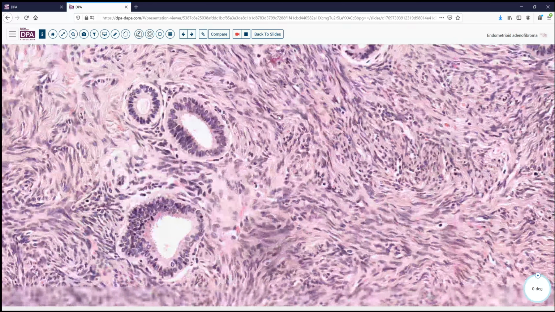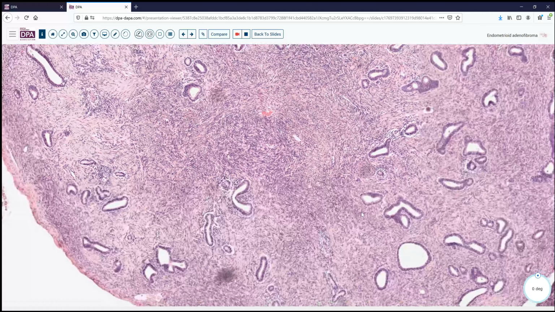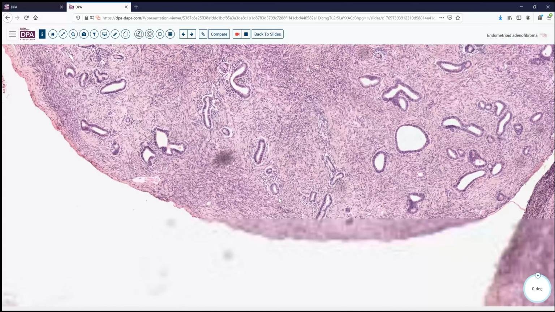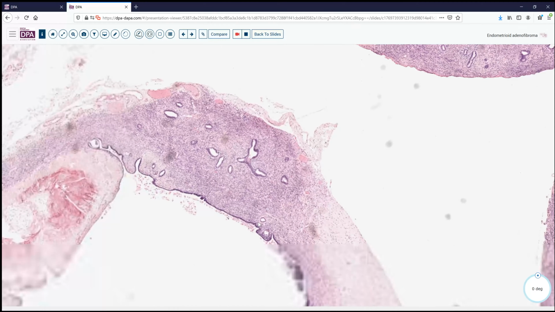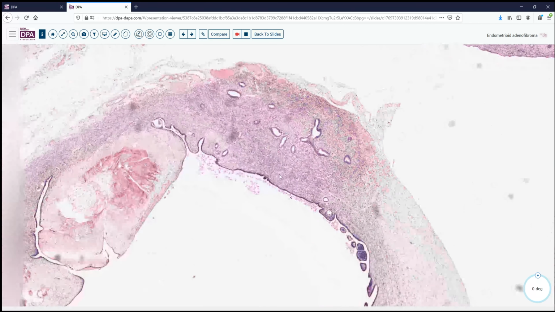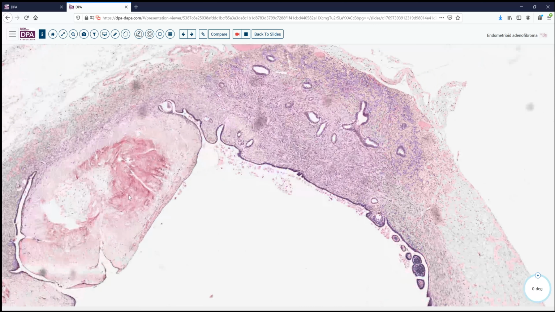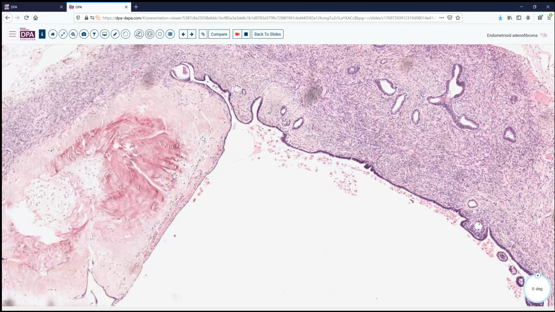Sometimes you can get secretory changes in these. Sometimes you'll also have residual germ cells, or you may have areas of luteinization in the stroma. Here's another area of this neoplasm, and we see this very hyalinized, almost papillary type lesion.